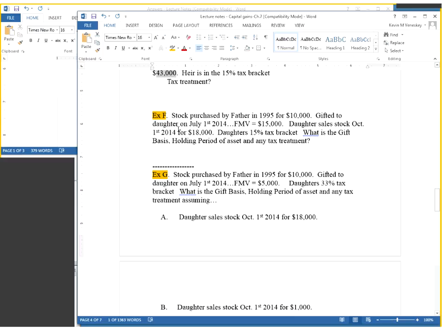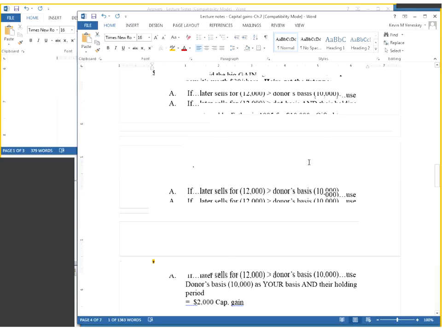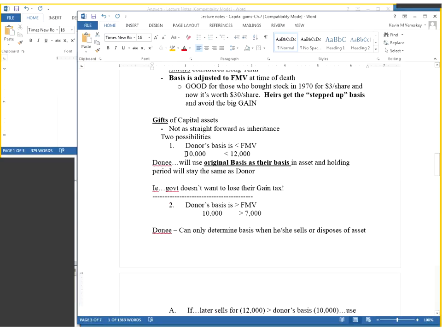Okay, now we talk about a gift situation. Father bought it many years ago for $10,000, gifted it to his daughter, and the value now is $15,000, so it has gone up. So that would be our first example, going back up to the gifts.